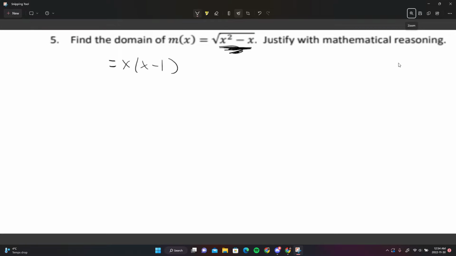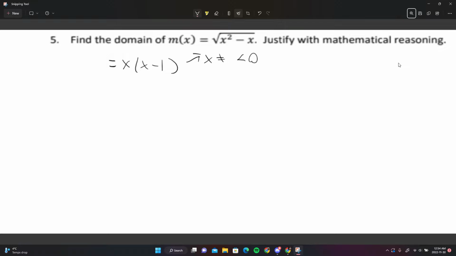It's just how it works. So basically x cannot equal anything less than 0.